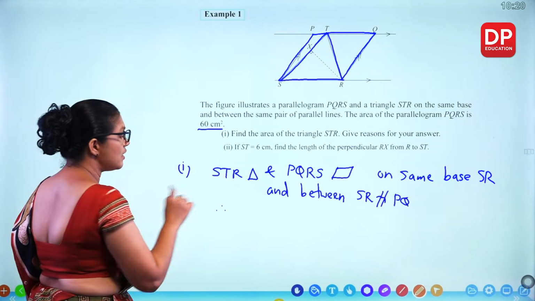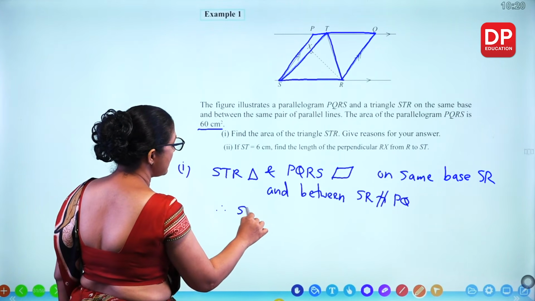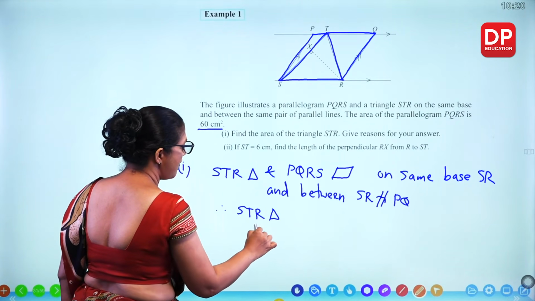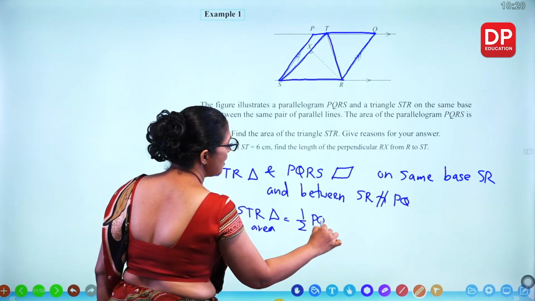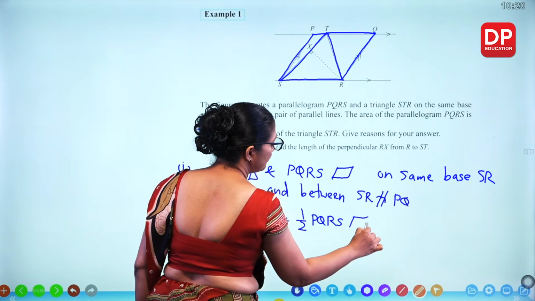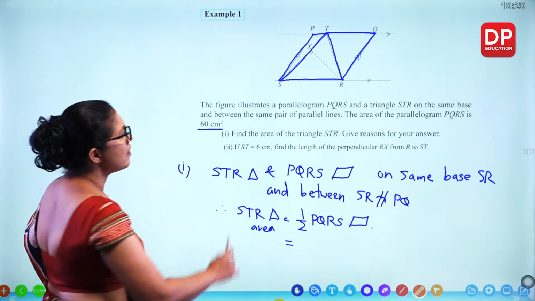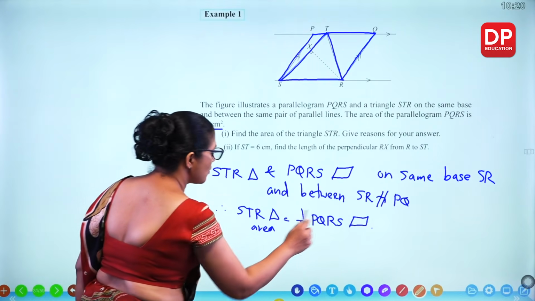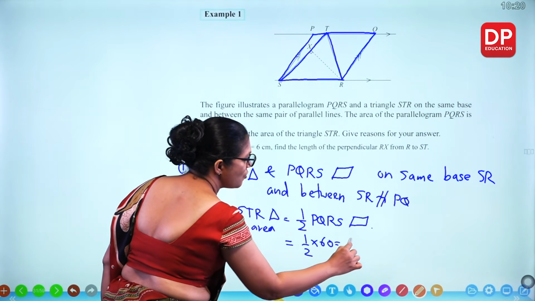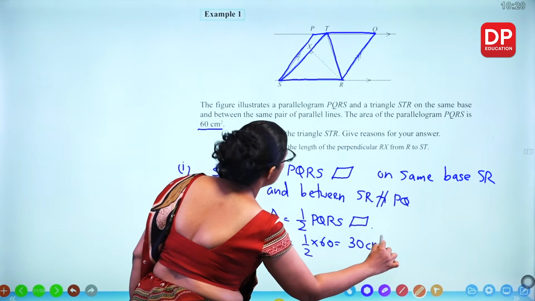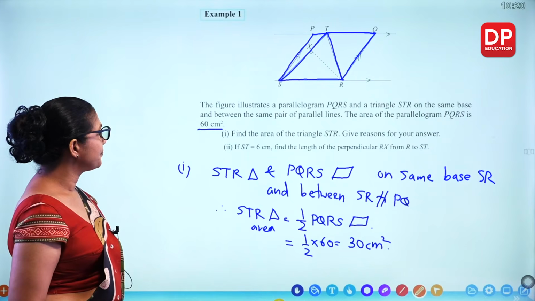So according to the theorem, the STR triangle area is half the area of the parallelogram. But we know the parallelogram area is 60. So what's the area of the triangle? Half times 60, so you get 30 square centimeters for the area of the triangle.